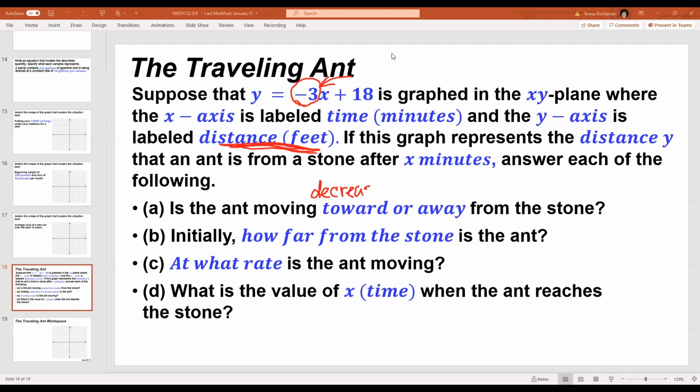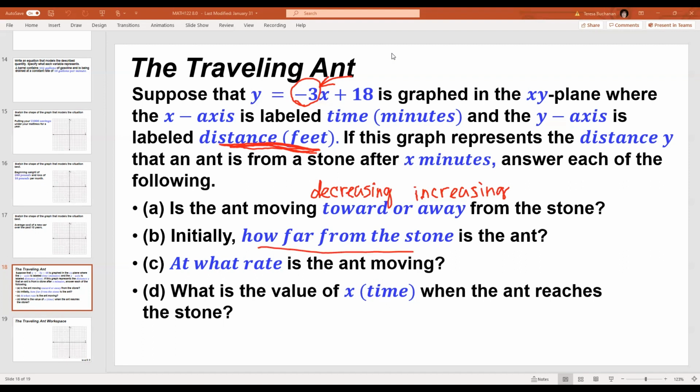If the distance is decreasing, the ant is moving toward the stone. If the distance is increasing, that distance is getting longer, the ant is moving away from the stone. So you decide which one it is.